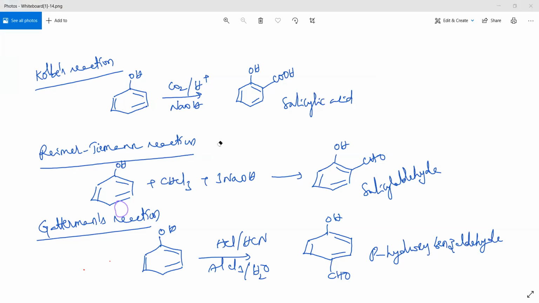When phenol is treated with carbon dioxide gas, you will get salicylic acid. Reimer-Tiemann means chloroform and NaOH, and you will get salicylaldehyde. Gattermann reaction: when phenol is treated with HCN, HCl or AlCl3, you get the CHO group substituted at the para position.